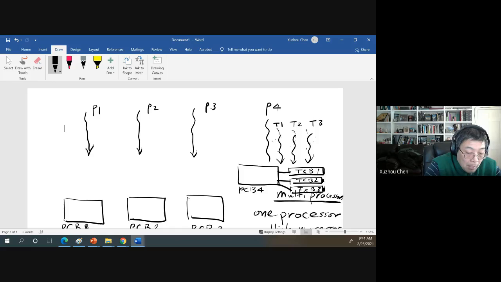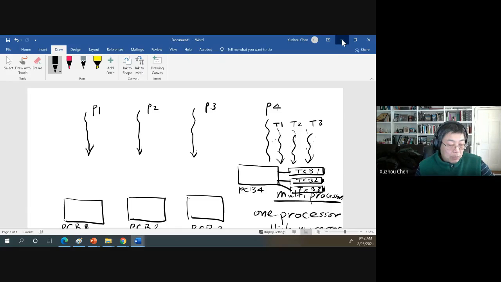That's good, because then the operating system scheduler can allocate the CPU time for each individual thread, even though the thread is part of process 4. However, the disadvantage is that because it's a kernel thread, it's very, very difficult to create and very, very difficult to manipulate. Okay, so that's the trade-off.